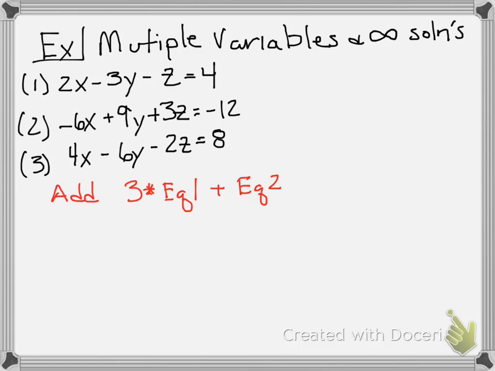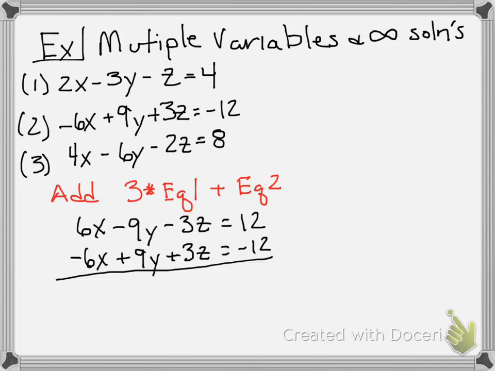So I'm going to multiply equation 1 by 3 on both the left and the right hand side, and then add these 2 equations. Hopefully you see immediately that this is going to give us 0 equals 0. By multiplying equation 1 times 3, all the x, y, and z terms canceled out. So this gives us 0 equals 0.